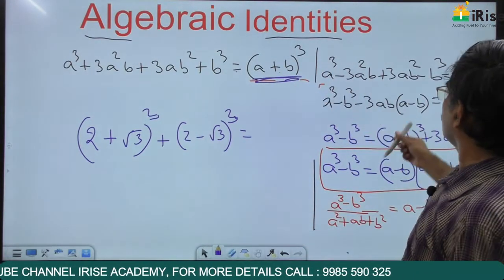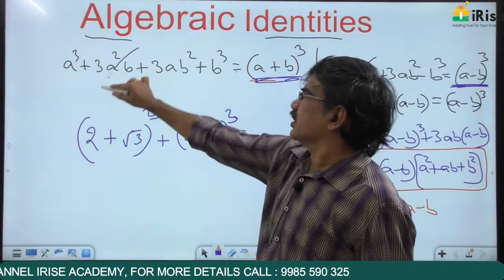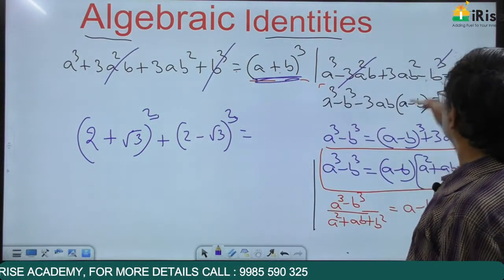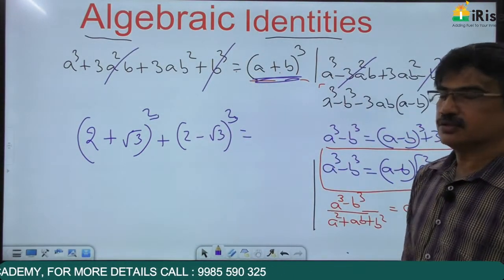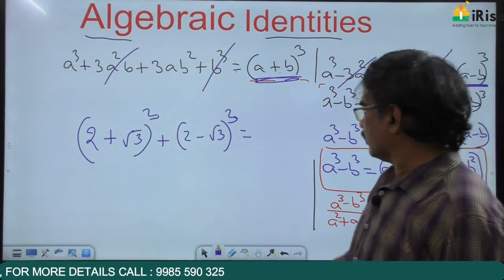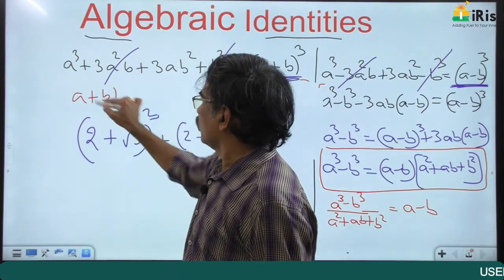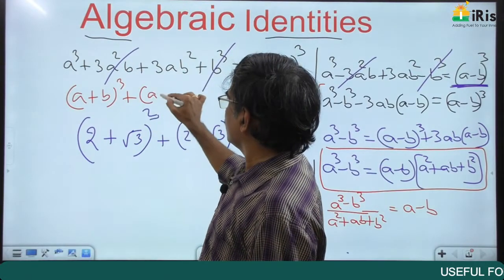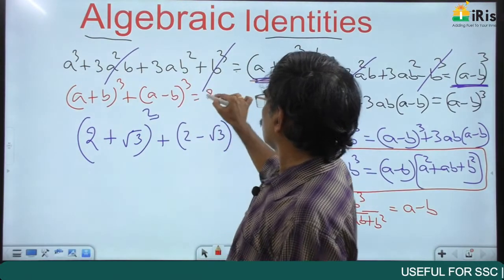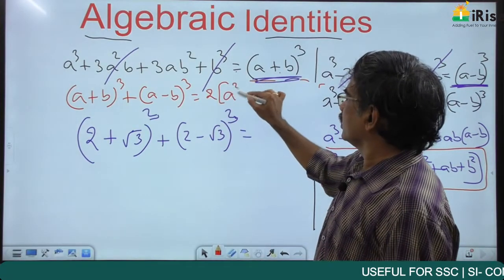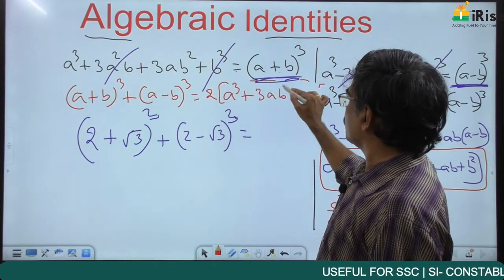Here if you add these two, minus 3a square b plus 3a square b, and plus b cube minus b cube get cancelled. So I want to write the formula as (a plus b) whole cube plus (a minus b) whole cube is equal to 2 times (a cube plus 3ab square).